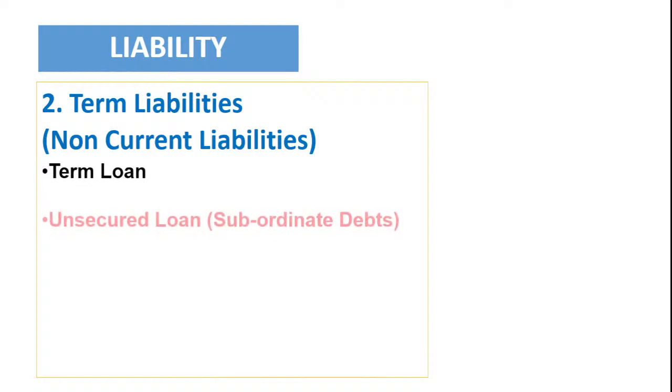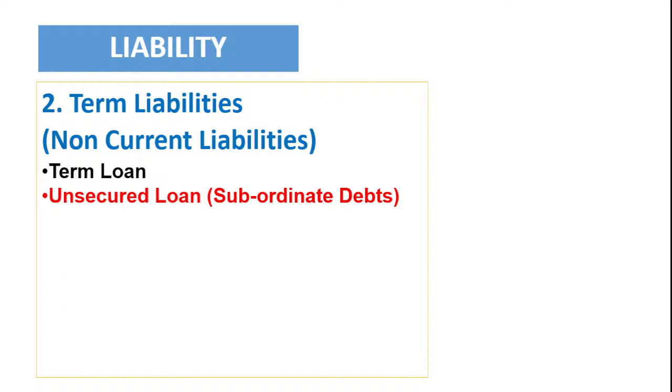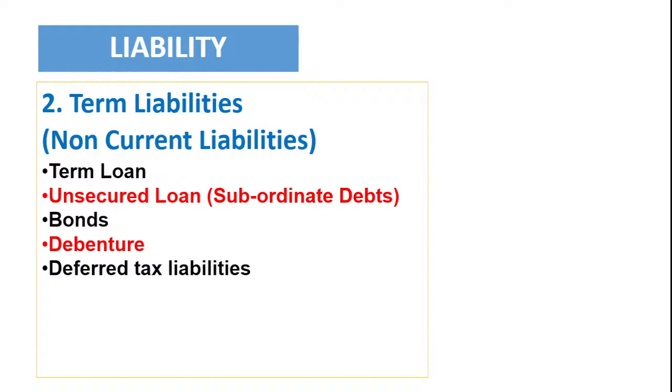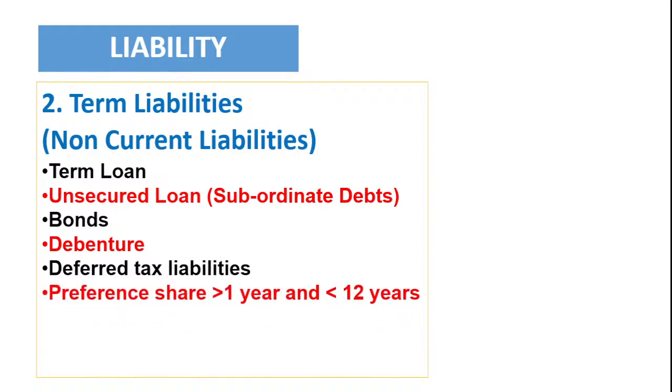Term loan, unsecured loan, subordinate debts, bonds, debentures, deferred tax liability, preference shares with more than 1 year period and less than 12 years. This figure I have taken from one of the banks, on how they are treating the preference shares. Okay, the tenor of the preference share may even be more than 12 years.